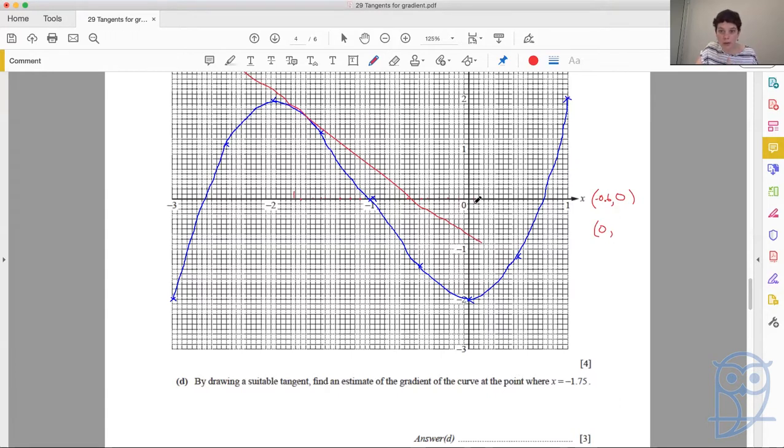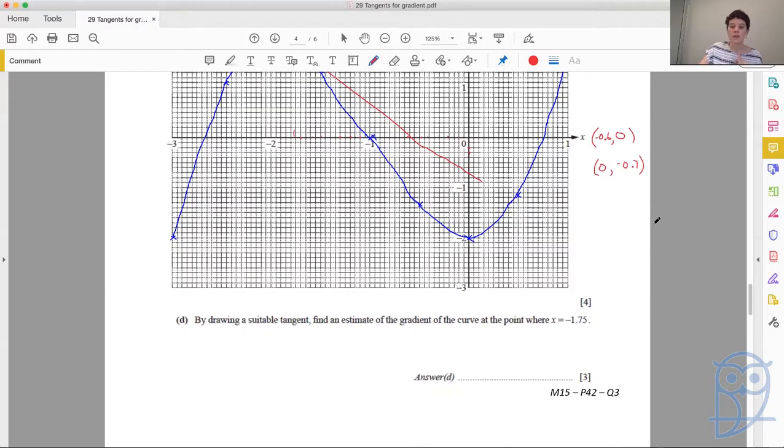Here we're going 0.1s again. 0.1, 2, 3, 4, 5, 6, 7. So minus 0.7. So we take our 2 points, minus 0.6 and 0, and 0 and minus 0.7. And we estimate our gradient. Y change, 0 minus minus 0.7 over x change, minus 0.6 minus 0.